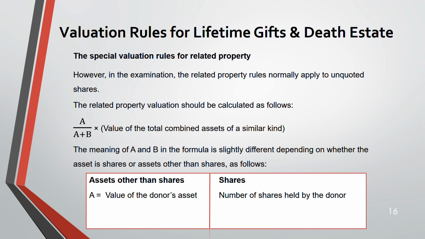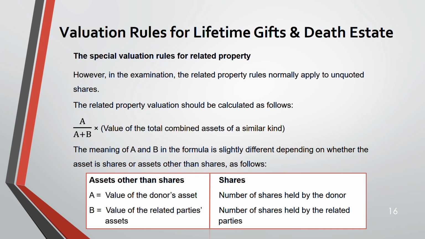In both cases, it is the donor's property only. And B would be the value of the related party's asset, and if it's shares, the number of shares held by the related parties. It's very easy. Just change the asset with the share. So A is the donor's part, B is the related party's part.